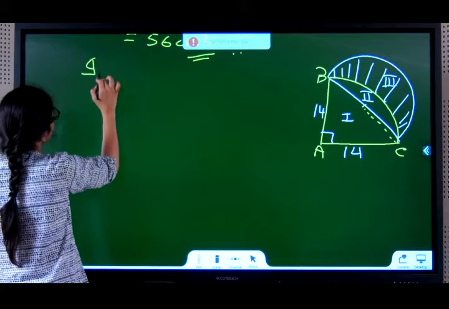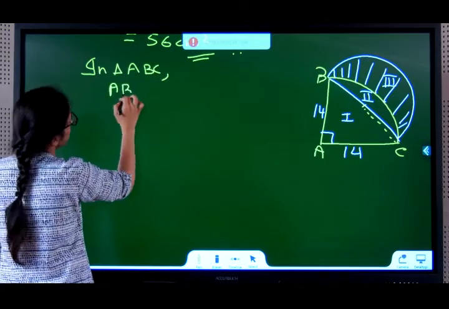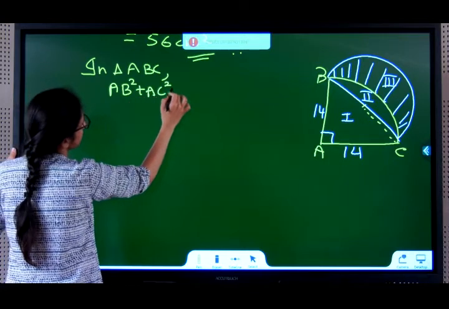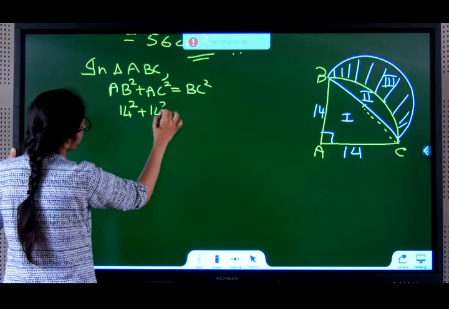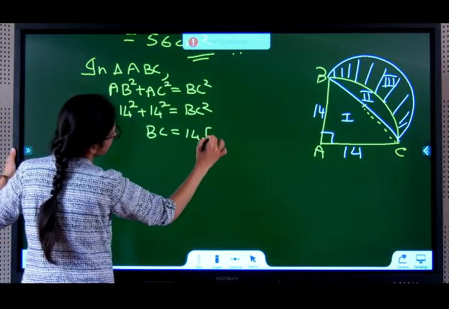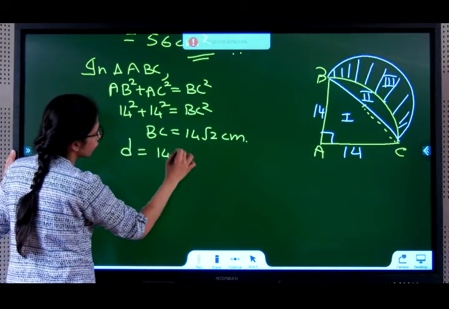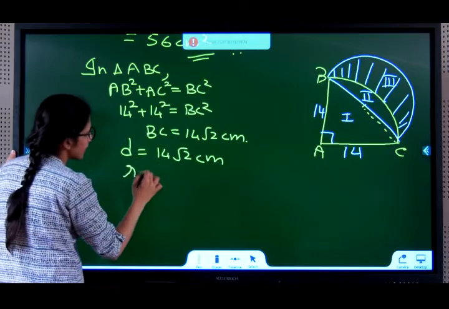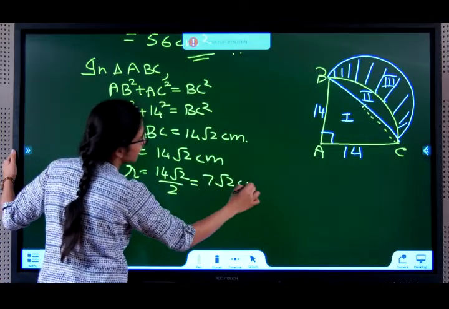So in triangle ABC, AB square plus AC square is equal to BC square. 14 square plus 14 square is equal to BC square. BC is equal to 14 root 2 centimeters. Diameter is equal to 14 root 2 centimeters. Radius is equal to 14 root 2 by 2, 7 root 2 centimeters.